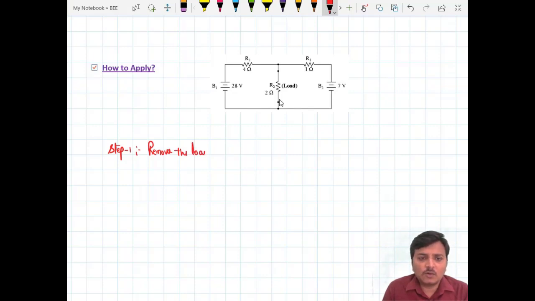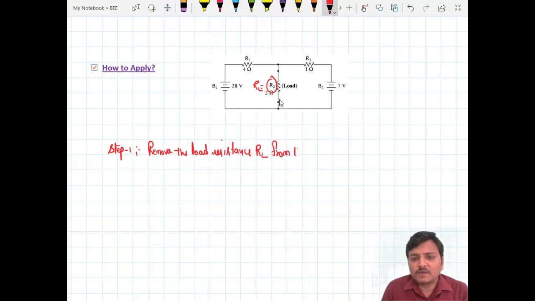Remove the load resistance RL from the circuit. In this case, R2 is the load resistance, which is equal to RL.